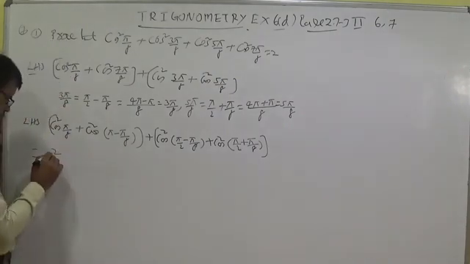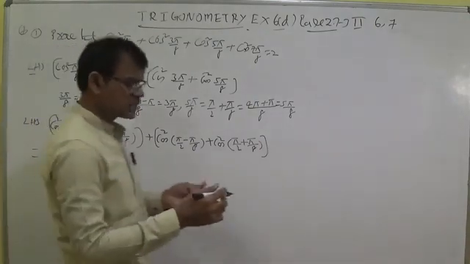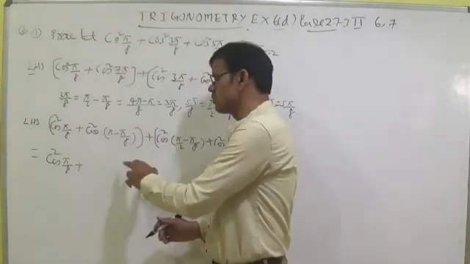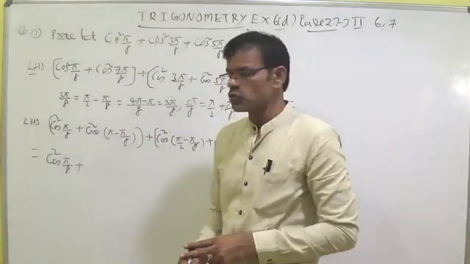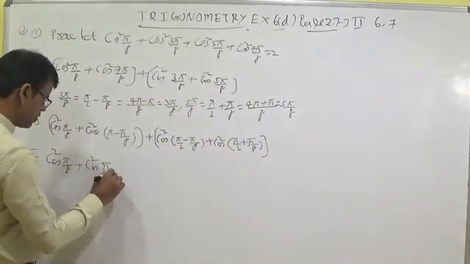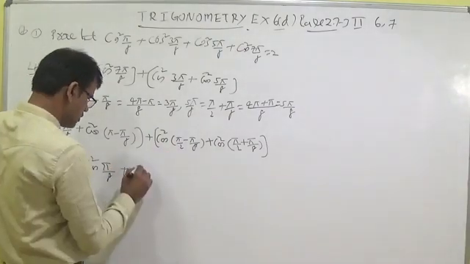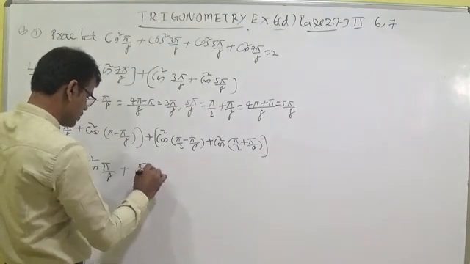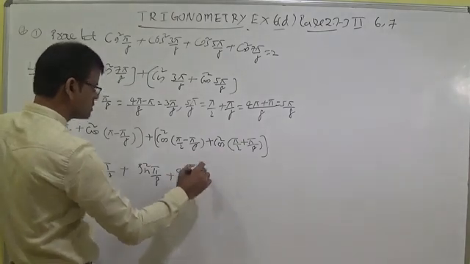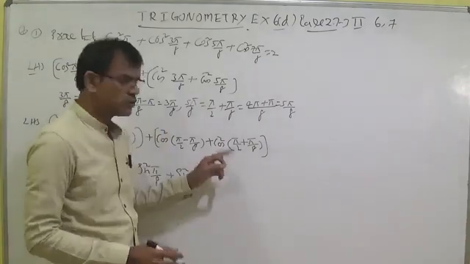That is equal to cos square pi by 8 plus, you can understand here, cos 180 minus theta meaning minus cos theta. Even though it is minus, power 2 is there, so whole square is there. So this is cos square pi by 8 plus cos 90 minus theta is sin theta, so it becomes sin square pi by 8 plus, here also you can understand sin square, of course cos 90 plus theta is minus sin theta, even though it is minus, whole square is there.